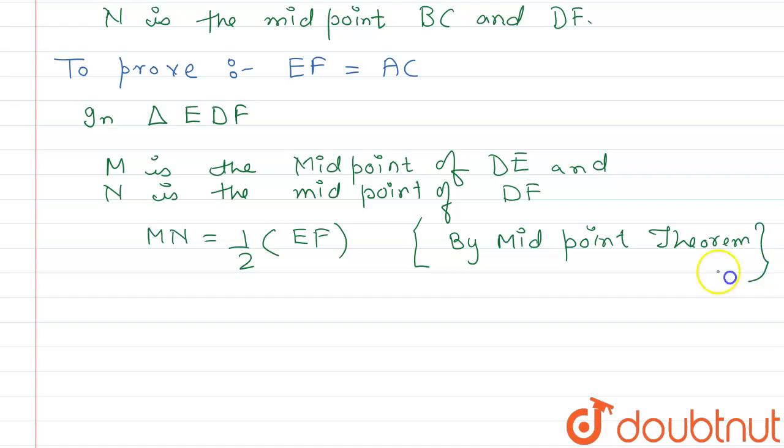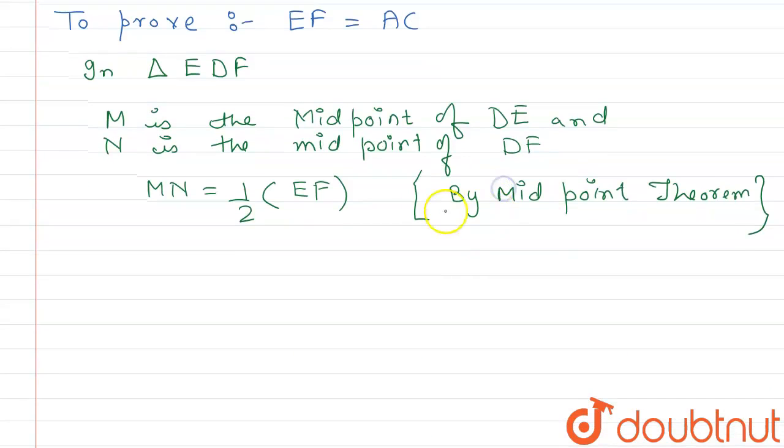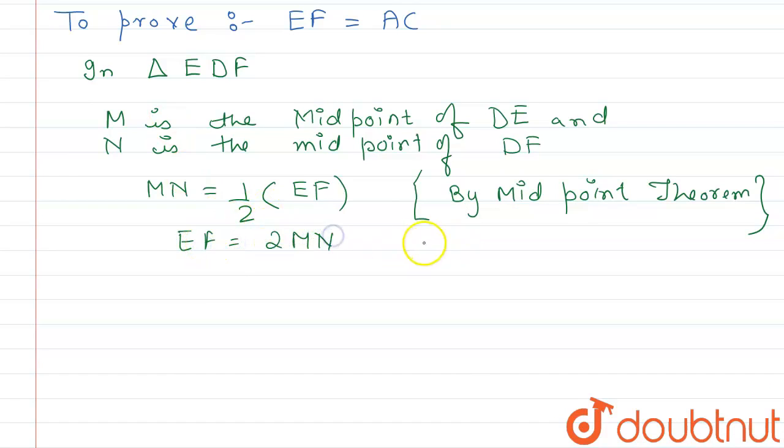The midpoint theorem states that when this is the midpoint of this side and this is the midpoint of this side, then this side is equal to half of the third side. That means MN is half of EF. So here we have used the midpoint theorem. Now we may write EF is equal to 2MN. Suppose this is equation first.